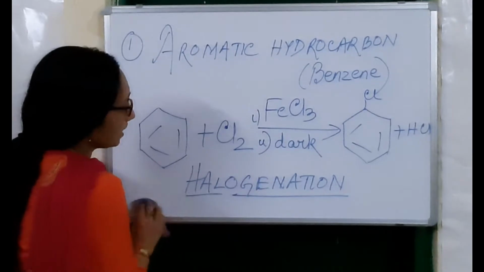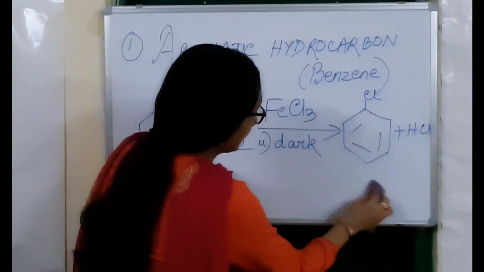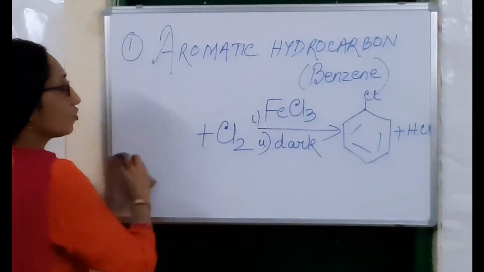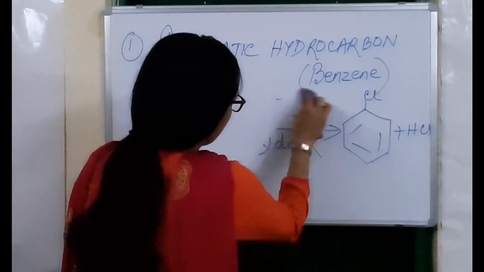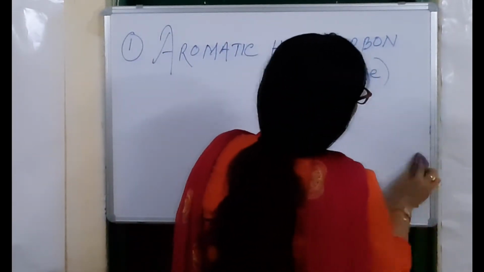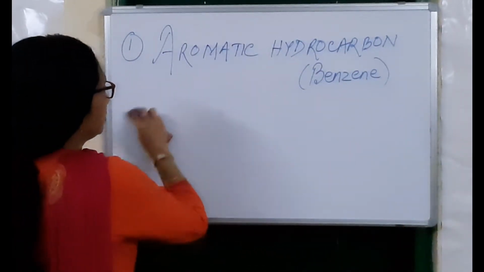Now, this conversion of benzene to chlorobenzene in the presence of chlorine and FeCl3 is known as nuclear halogenation.